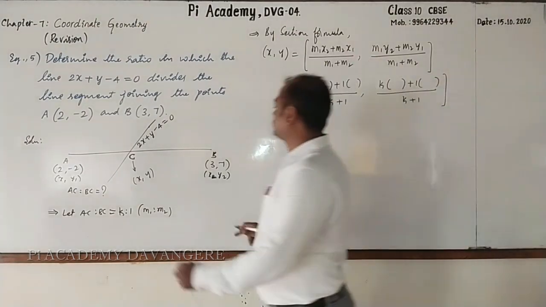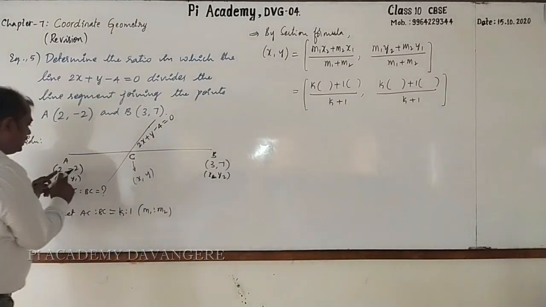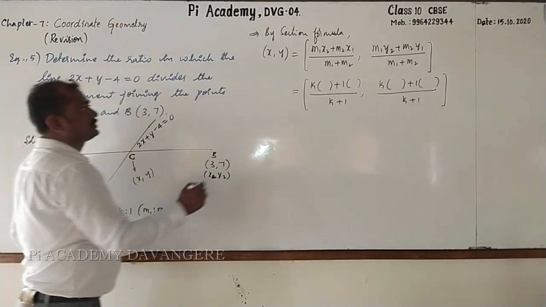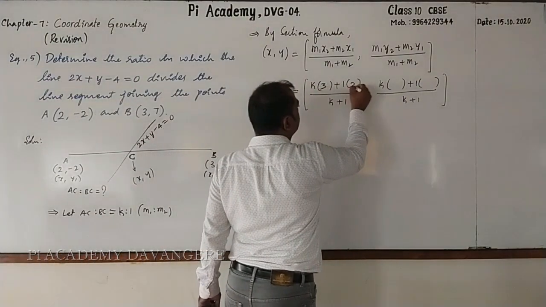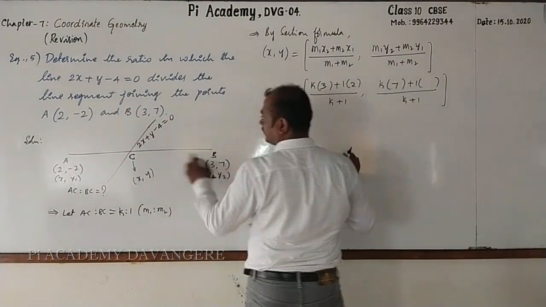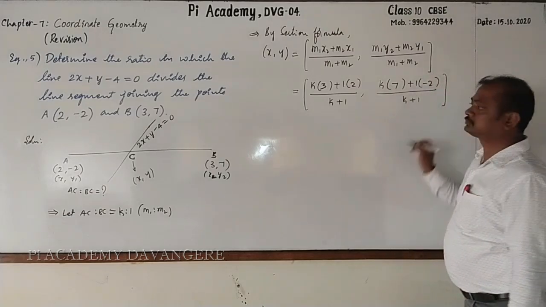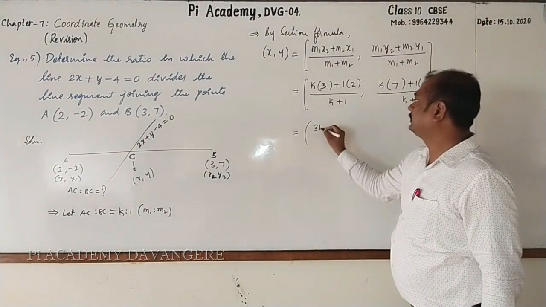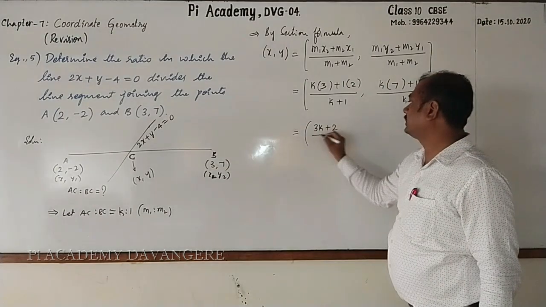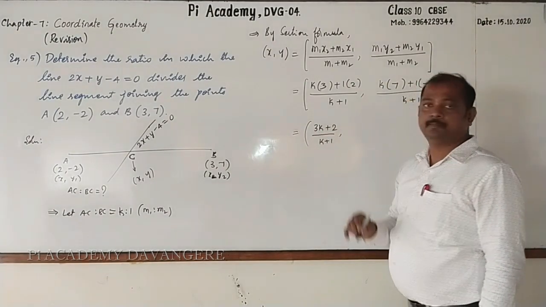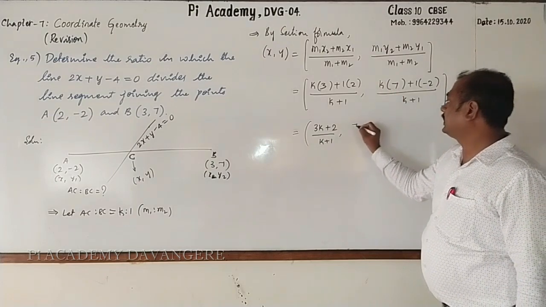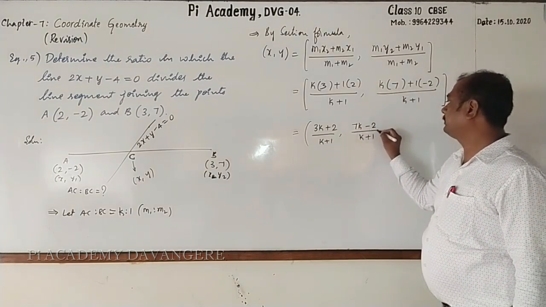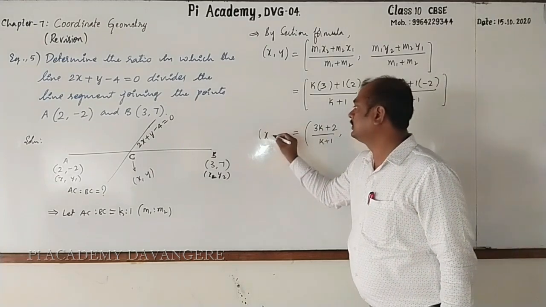Substitute x2, x1: here it is 3 and 2, and y2, y1 are 7 and -2. So (x, y) = ((3k + 2)/(k + 1), (7k - 2)/(k + 1)).